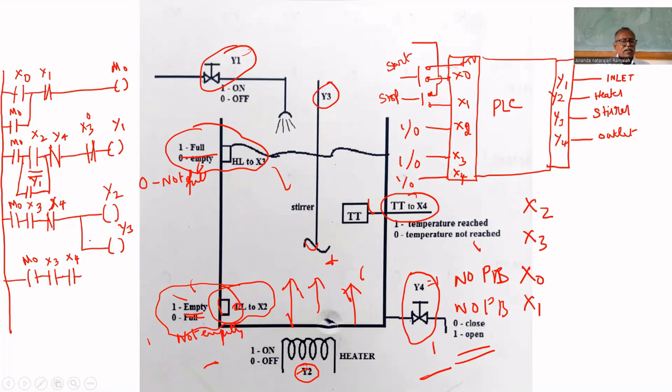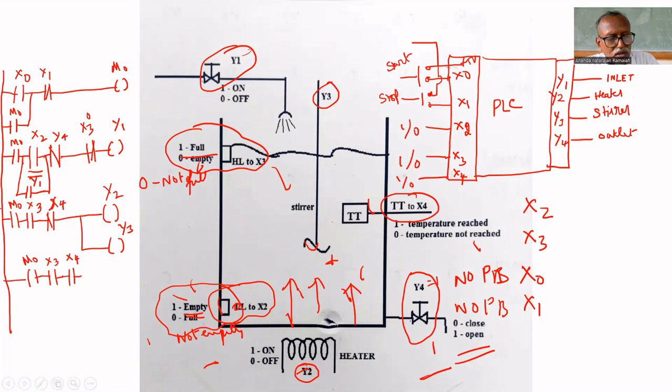So we have to think, okay, anyhow, X4 we are putting, then we can use Y2. Y2 is the heater output. Once the heater is turned off, then only we have to turn on the timer for the waiting period. After heating is over, we can use the heater instead of X4.